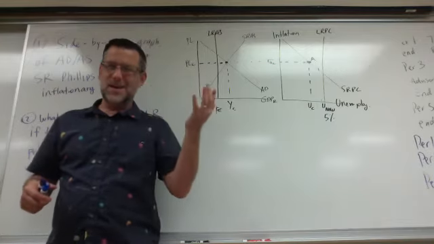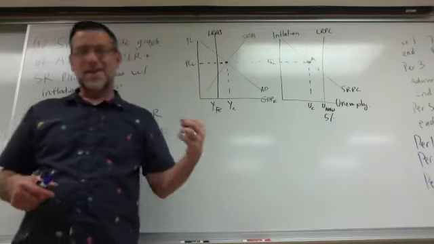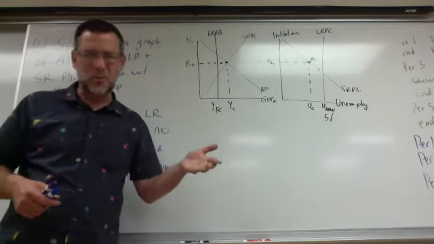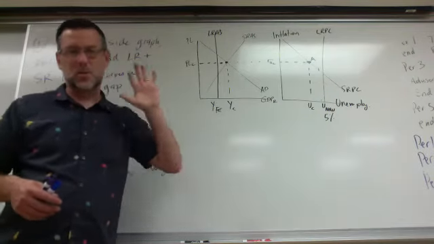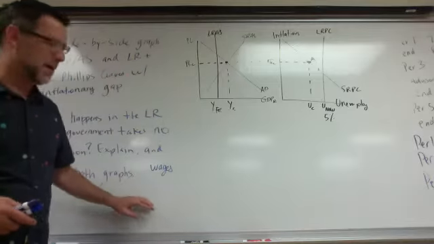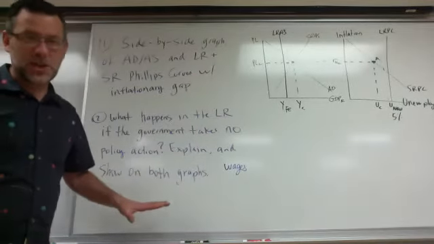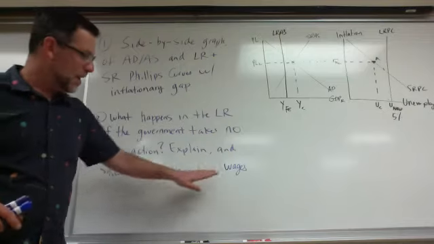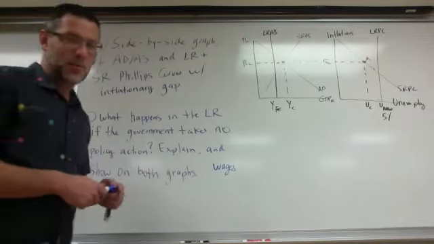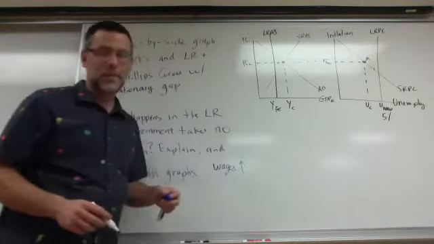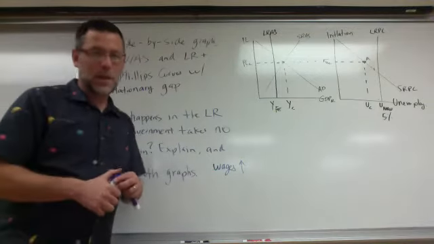In a stagflation economy, prices are going up and workers might demand higher wages, but the lack of production means workers are getting laid off and it's going to drive wages down in the long run. But as long as it's an inflationary economy, an inflationary gap, then workers are going to demand higher wages to keep up with that inflation, and they're going to get them because of the shortage of labor. So in the long run, wages go up.